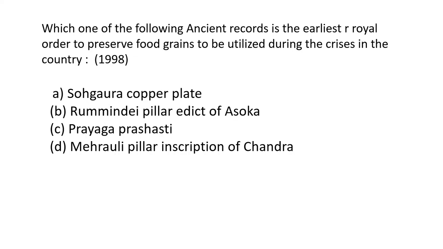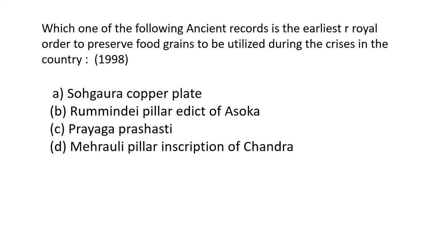Next question is, which one of the following ancient records is the earliest royal order to preserve food grains to be utilized during a crisis in the country? Options are Sohgaura, Rummindei, Prayag Prashasti and Mehrauli. From the previous video, we know the answer to this question. It is Sohgaura. But here we learned about the Rummindei pillar.